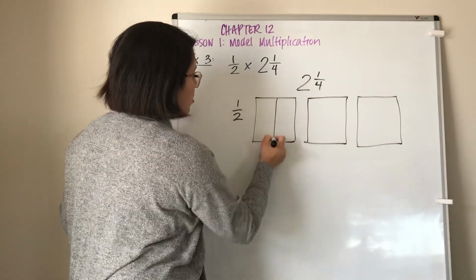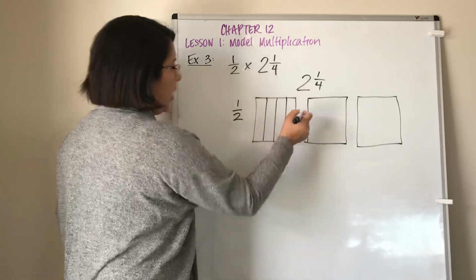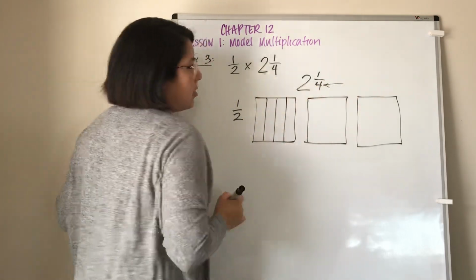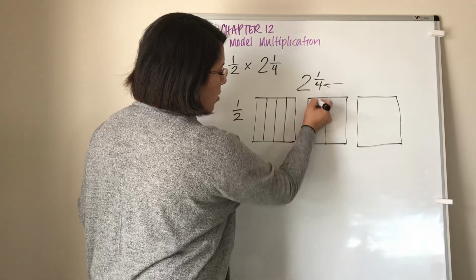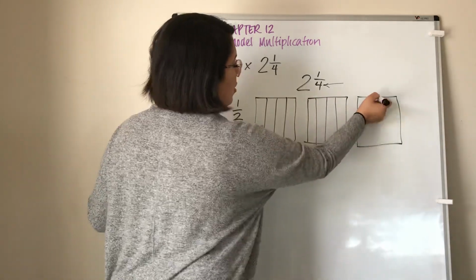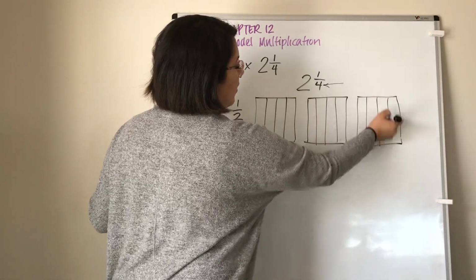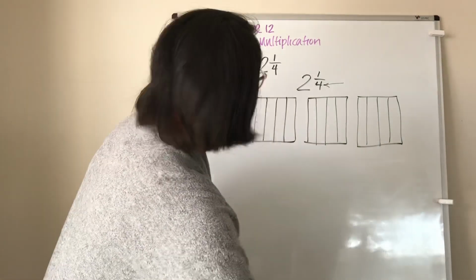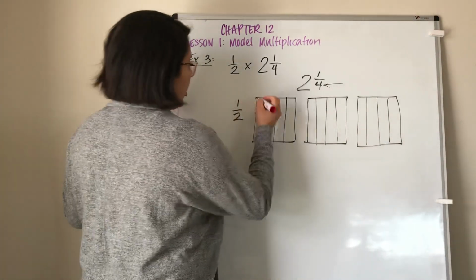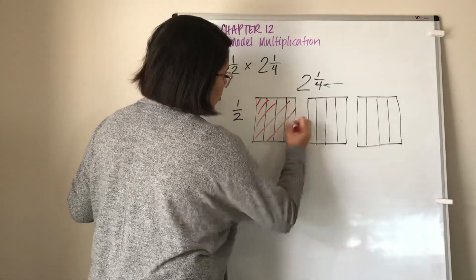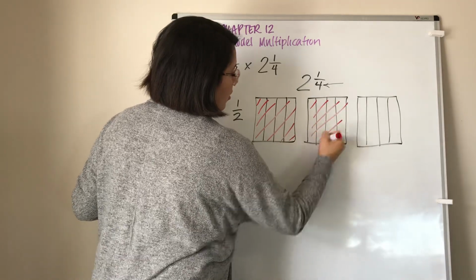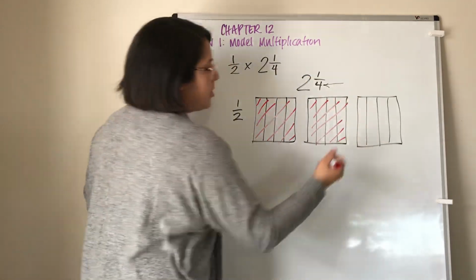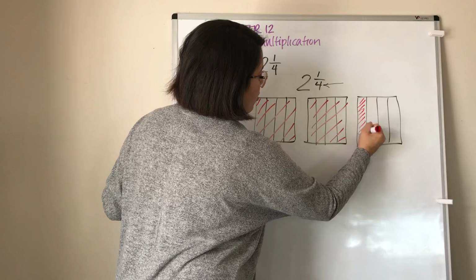And how many do I need to divide it into? 4 parts. That 4 tells me how many parts I need to divide it into. And the 1 tells me how many I need to shade. The 2 tells me that I'm going to shade in all 2 of them, and then this leftover 1 tells me I just want 1 more.